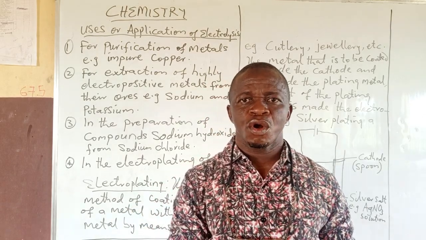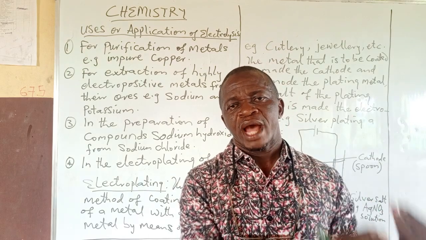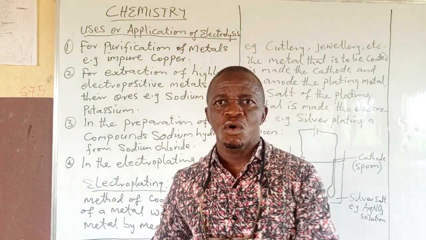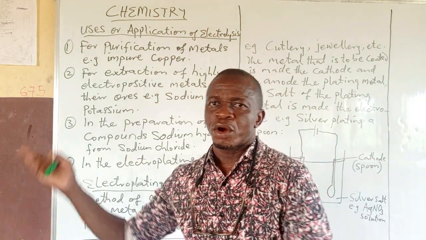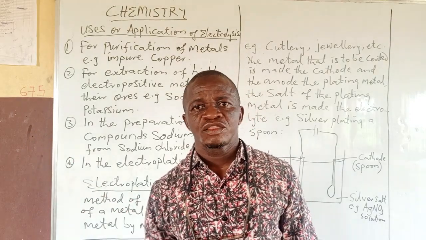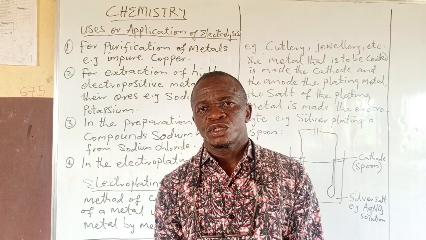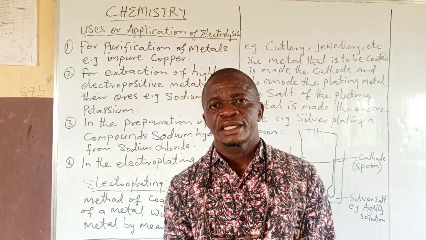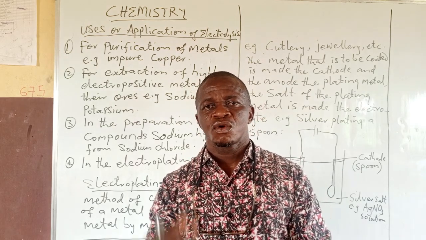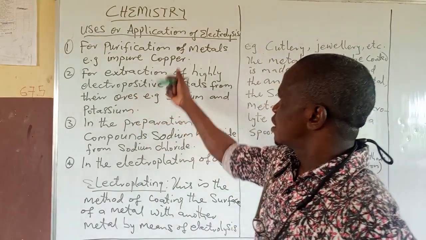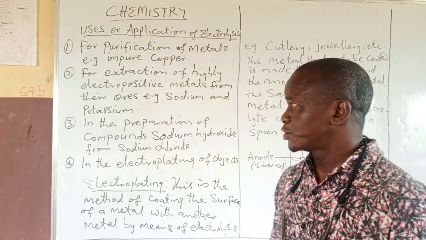The pure copper from the impure anode will dissolve and go to meet the pure one in the cathode. The impurities, we saw them falling and settling at the bottom of the beaker. So go and watch it. This is about that point.